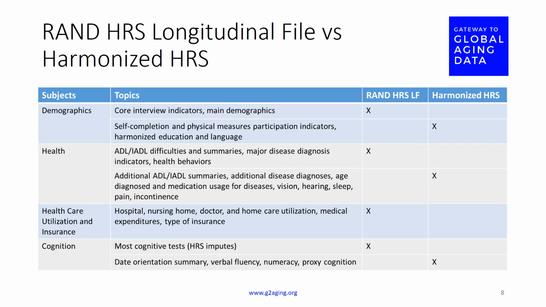In health, the RAND HRS has ADL and IADL difficulty indicators and some summaries, major disease diagnosis indicators, and health behaviors, while the Harmonized HRS created additional summaries, incorporated more disease diagnoses, and provided the age diagnosed and medication usage for diseases, along with information on vision, hearing, sleep, and pain.